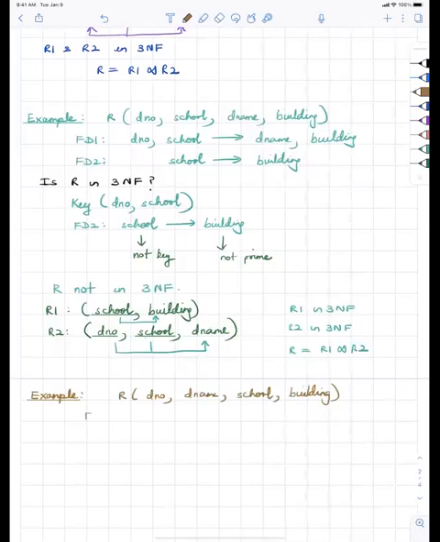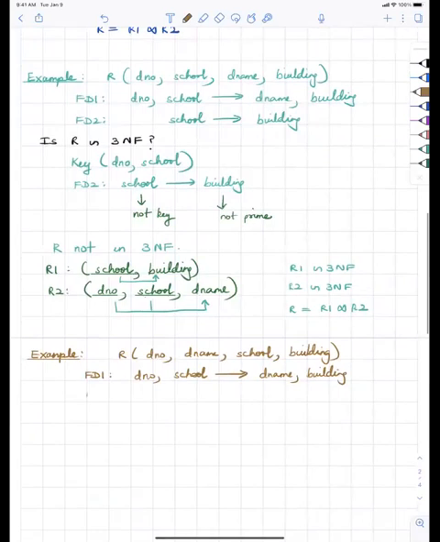And now we have FD1, which is D number and school determine D name and building. So far it looks like the previous example, but let's look at FD2. In the previous example, in FD2 we had school determines building.